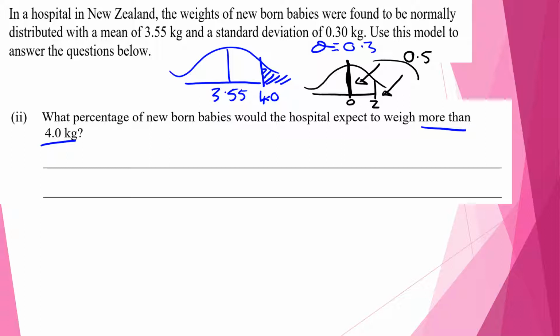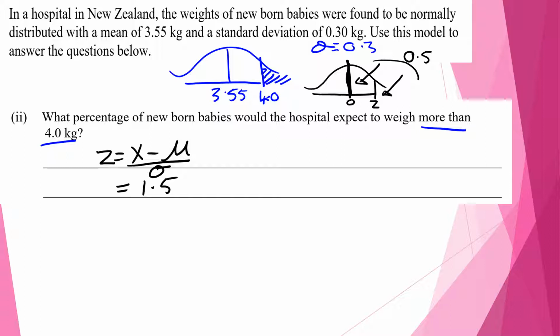So what we need to now do is work out our z value as we did before. Our z value is the x value minus the mean, divided by the standard deviation. In this case we have a z value of 1.5.